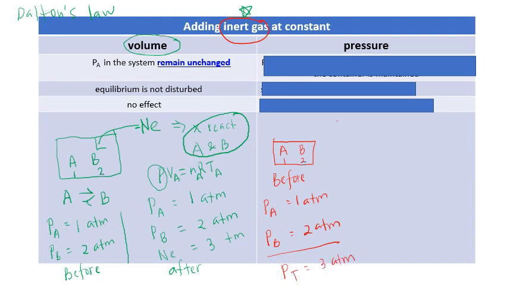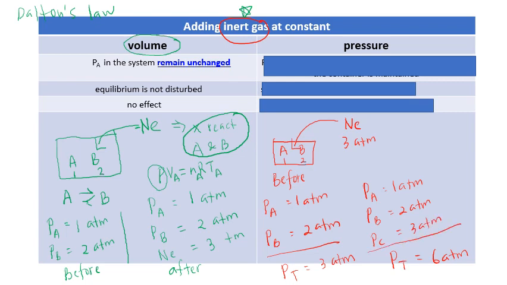After you add the neon gas, let's say the neon gas is 3 atm, the total pressure in the container becomes 6 atm, because partial pressure A stays 1 atm, partial pressure B 2 atm, and the third gas 3 atm. This is after.